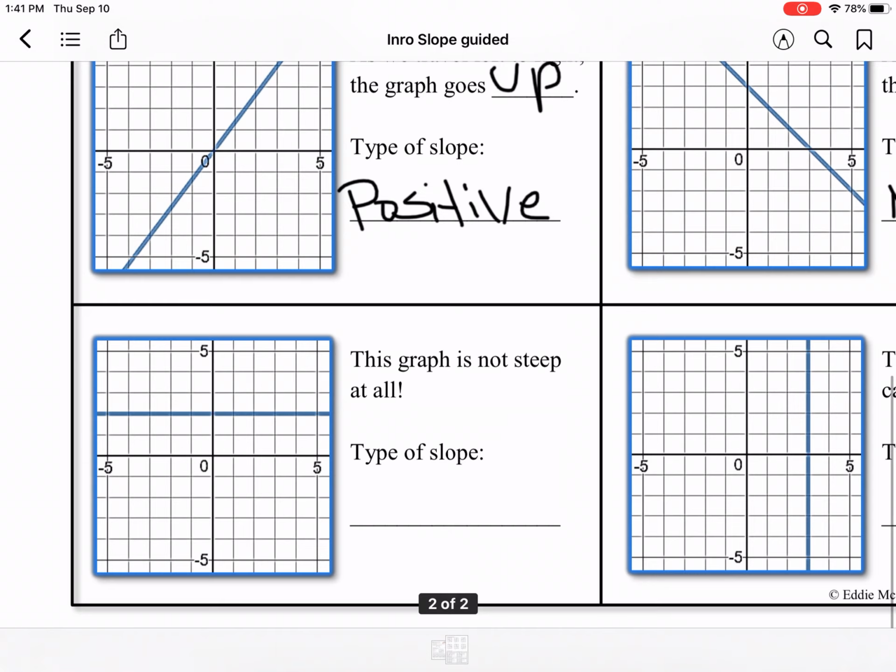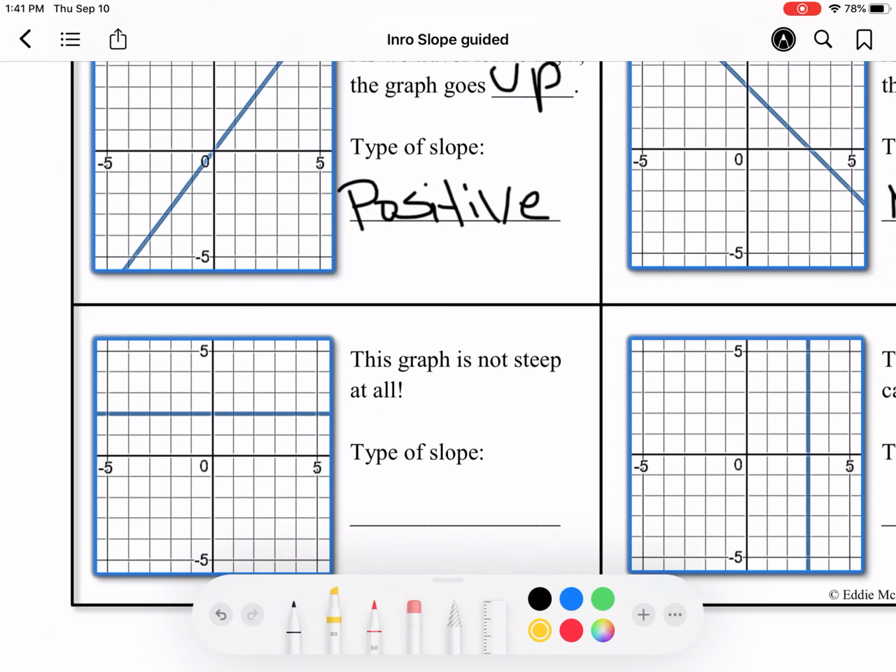This is going to be a new one. If our line is not steep at all, it is straight and it is horizontal, we are said to have zero slope.